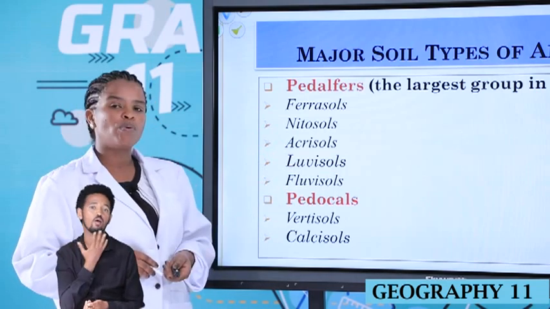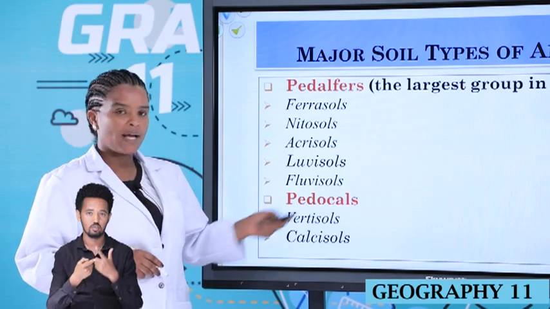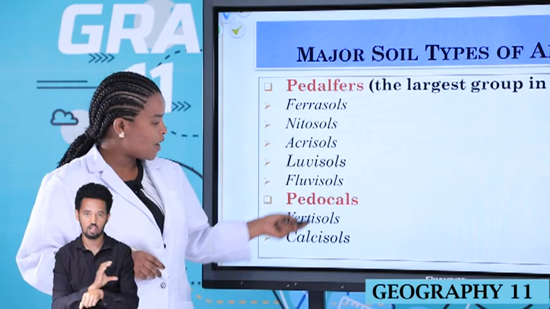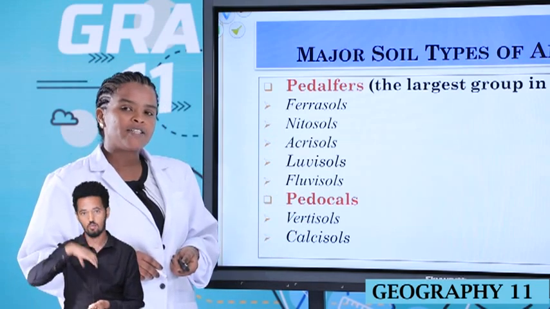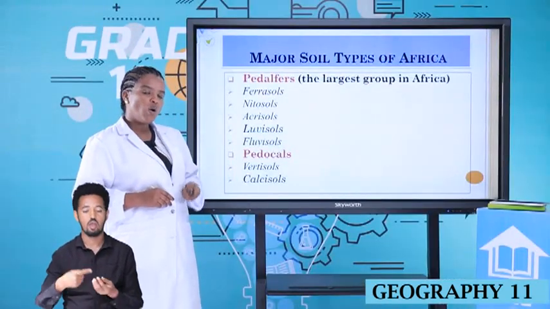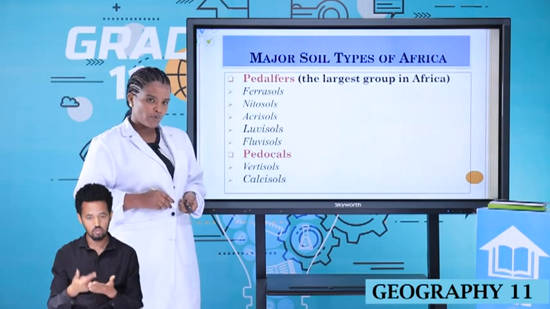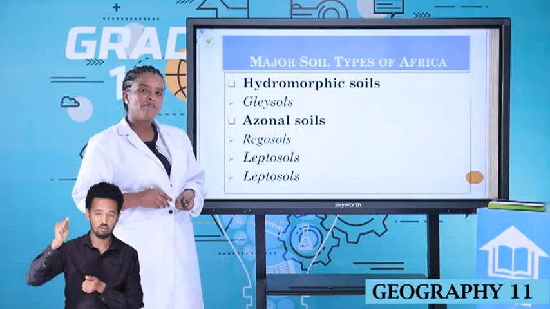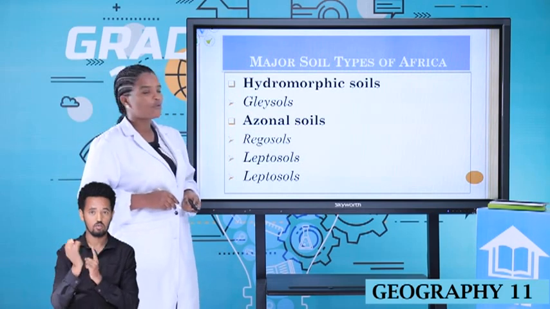The second type of African soil is pedocal. This is rich in calcium carbonate, mostly found in arid and semi-arid areas, and also in humid climates of Africa. The third type of African soil is hydromorphic soil.